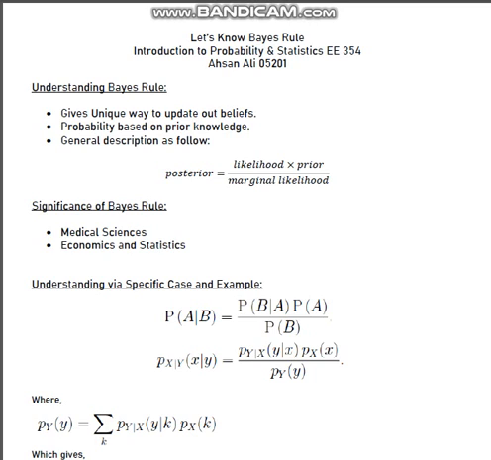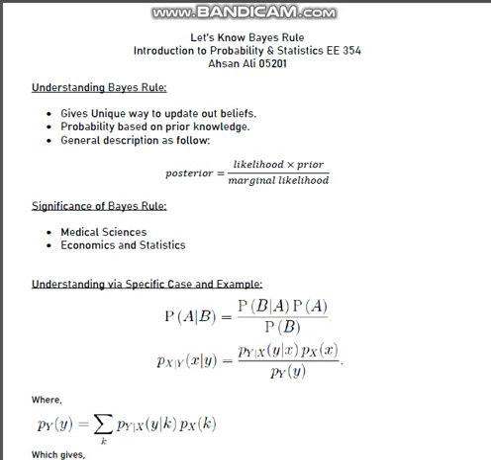The formula for Bayes rule is pretty straightforward. If we look at it, on the left hand side we have the conditional probability called the posterior, which is the probability of any event that we are trying to determine or to estimate. And on the right hand side, in the numerator, we have the likelihood of an event, which is basically the probability of observing the evidence from what our initial guesses or hypothesis was.